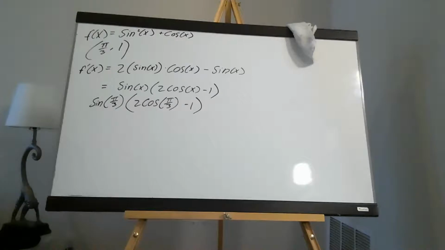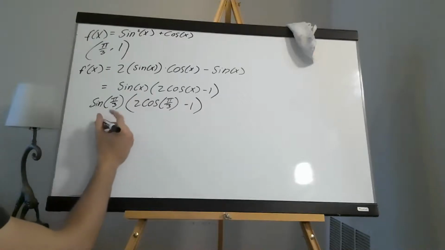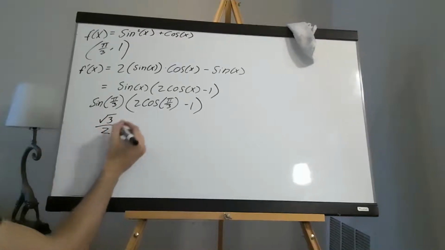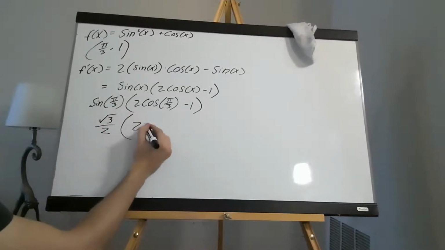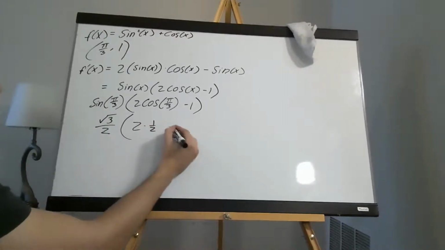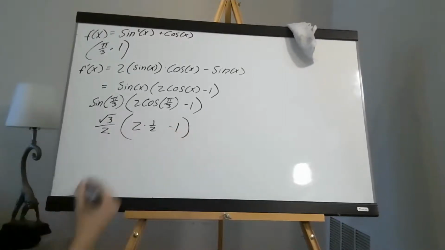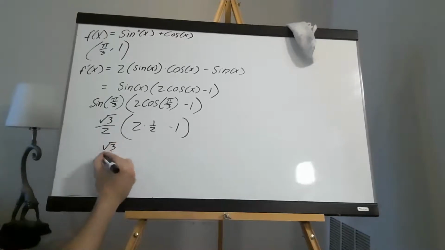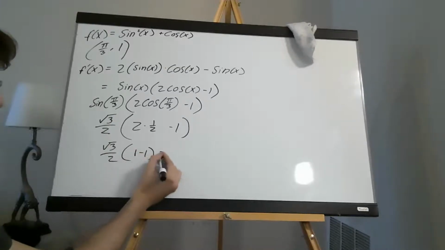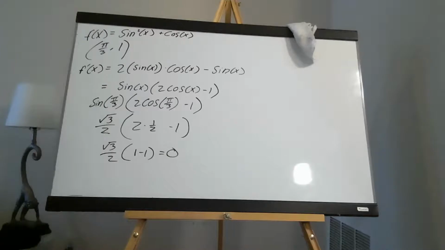That is root 3 over 2, times 2 cosine of pi over 3, which is 1/2, minus 1. So that gives us root 3 over 2 times 1 minus 1, 0. That's not good.